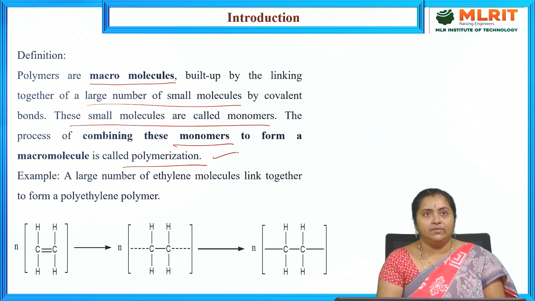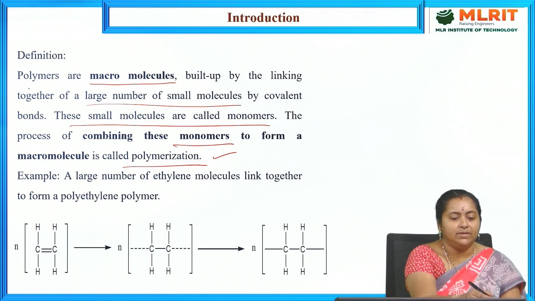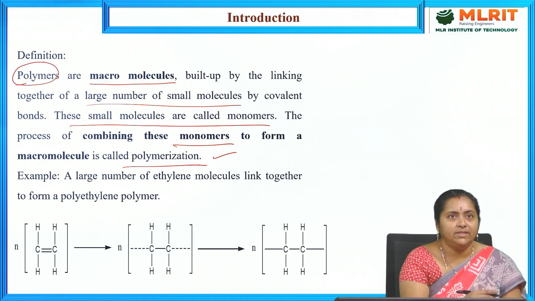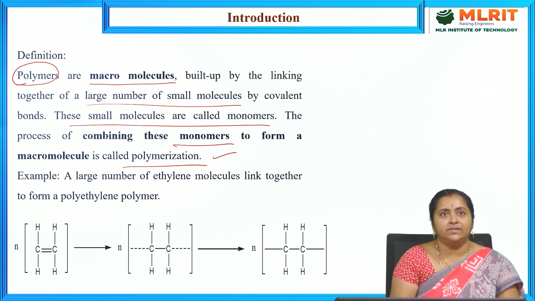So, here we have learned three different terms. One is polymer, the other one is monomer, and the third is polymerization reaction. Polymers are macromolecules. The root word of polymer is from the Greek language. Poly means many, mer means units or parts. So, many units combine to form a huge molecule, or macromolecule, which is called polymer.